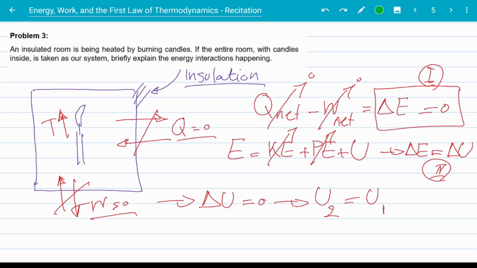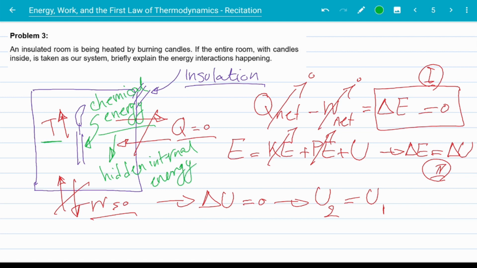So what does this mean? It means that some of the chemical energy of the system, which is stored inside the candle, is being released through the process of burning. Now, chemical energy is a form of hidden energy, hidden internal energy, right? Whereas temperature is a representation of sensible heat or sensible energy.